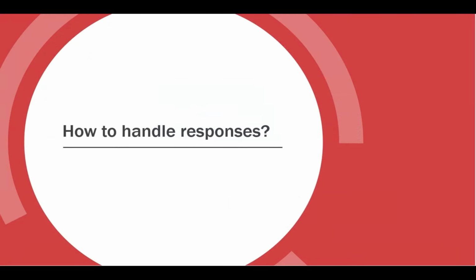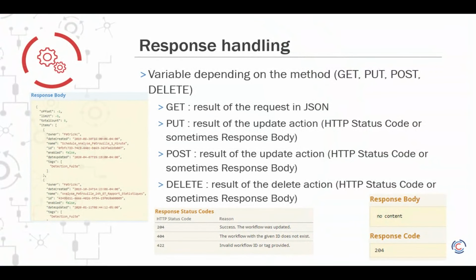All right, next, how to handle responses. The content of the response will depend on the HTTP method. Like I mentioned earlier, primarily with the FME Server REST API, the methods are get, put, post, and delete. When you think of get, you're getting the result of the request in question.